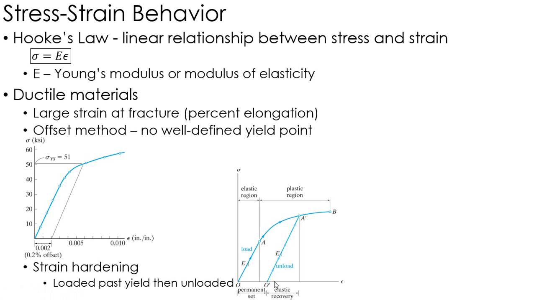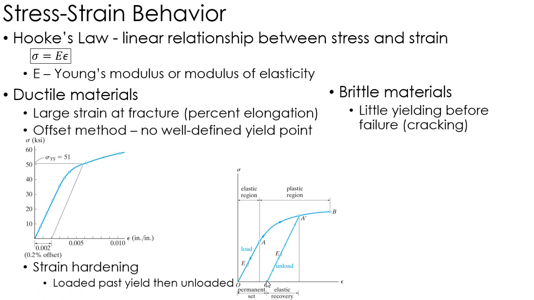That's the permanent deformation that I've got. If I load it again, it'll follow right back up this curve and keep following it as necessary. But again, this is the permanent set. When I load past yielding and then let go, it falls back at the same slope down to the permanent set, where the stress equals 0.